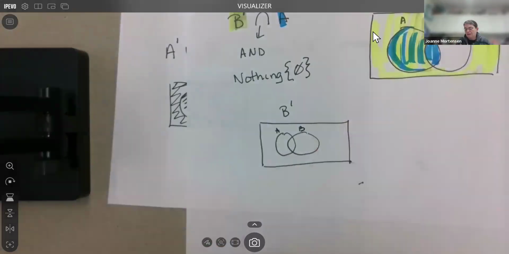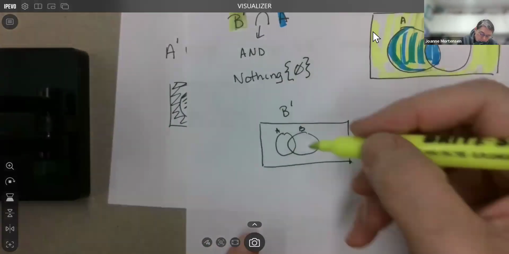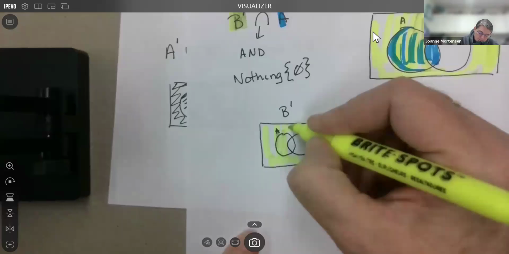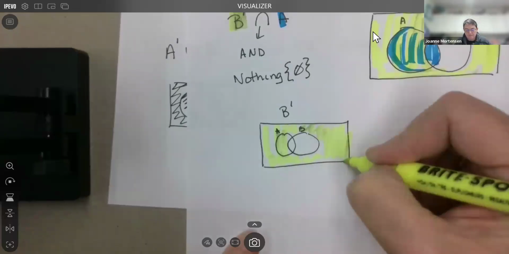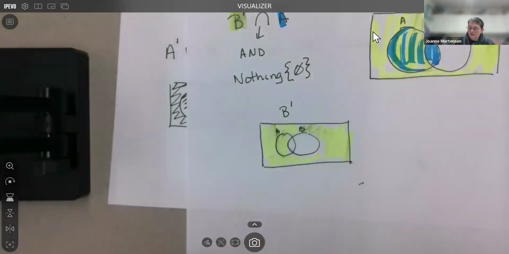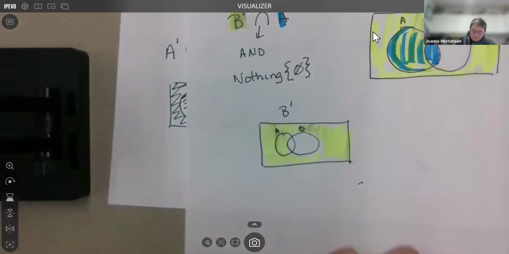You draw the first one. Messy, messy, messy, messy. Then you draw the next one.